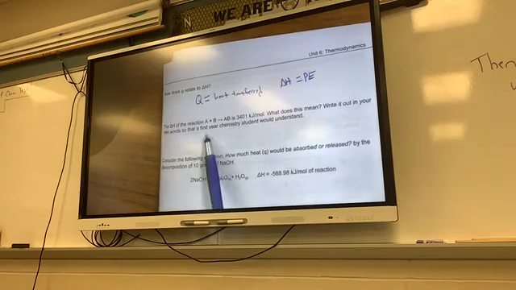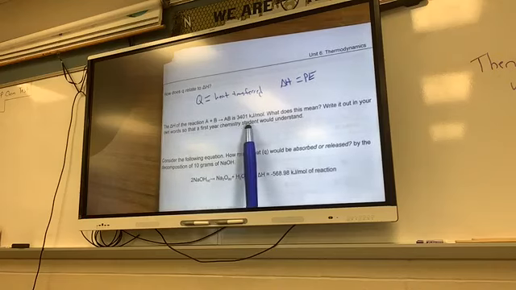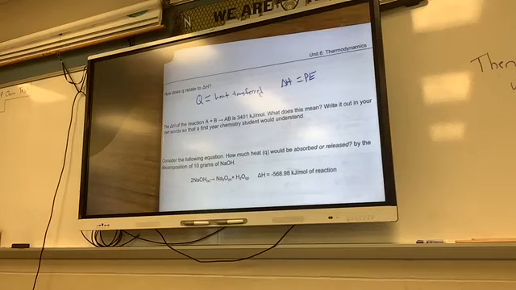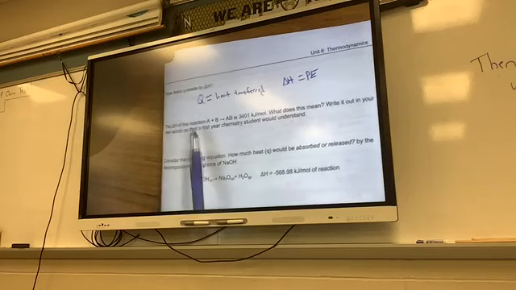The delta H of the reaction, A plus B yields AB, is 3401 kilojoules per mole. What does this mean? Write it out in your own words, so a first year chemistry student would understand. The delta H is positive.